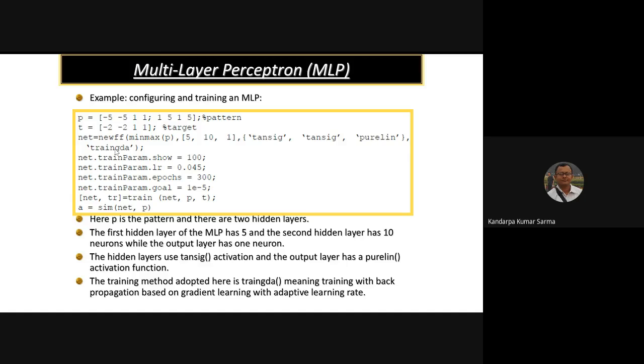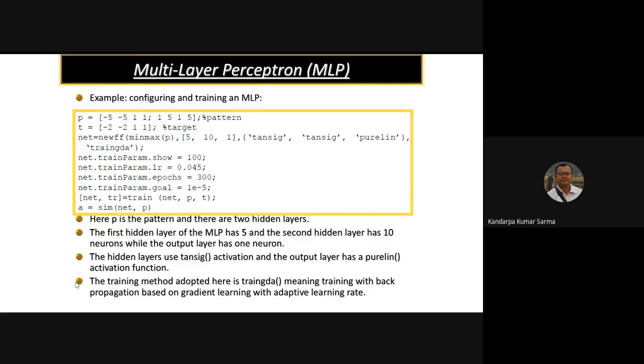And here we report one more function called trainGDA, where you have an adaptive learning rate. That particular learning rate will vary as per the requirements. We will speak about that in the next class.